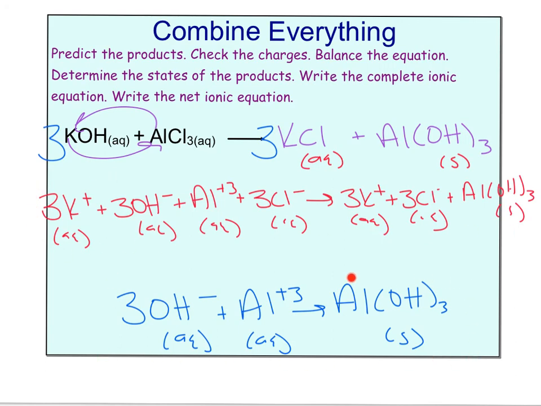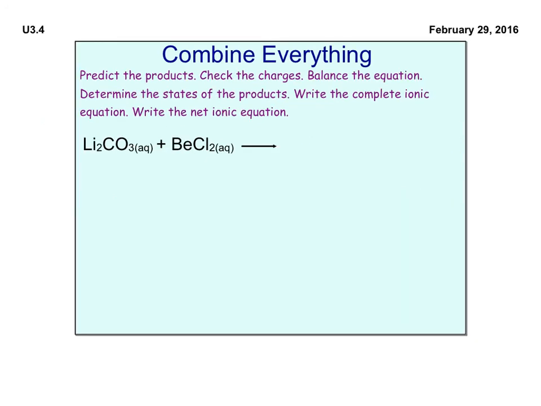Down here is the net ionic equation with just the actual reaction happening after the spectator ions have left. Go ahead and do the same thing for this one as well. Try to predict products, check charges, balance the equation, states of matter, then write the complete ionic equation, then write the net ionic equation.